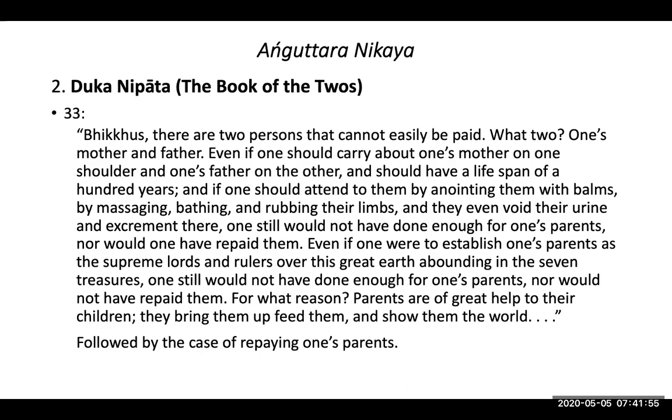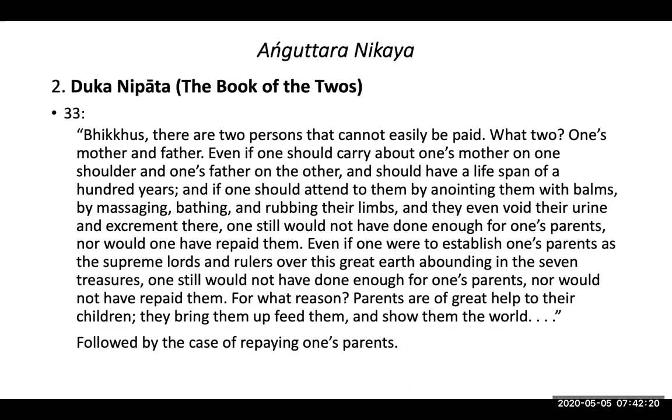Buddha continued to preach and expound the case of repaying one's parents. So this sutra emphasizes there are two persons one can never repay, mother and father. Buddha started to expound the family issue.